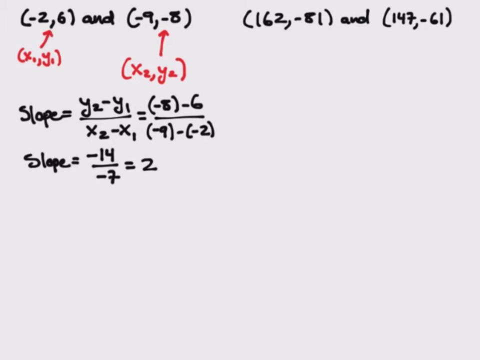All right, so we found the slope of our equation to be 2. One note, we've got to be really diligent about all of our negatives. It's very easy to make a mistake when you're subtracting a negative and forgetting that it's a negative number. Be very diligent about all your negative numbers in this case. Of course, if we had done it in the other direction, we would have ended up with the exact same slope.